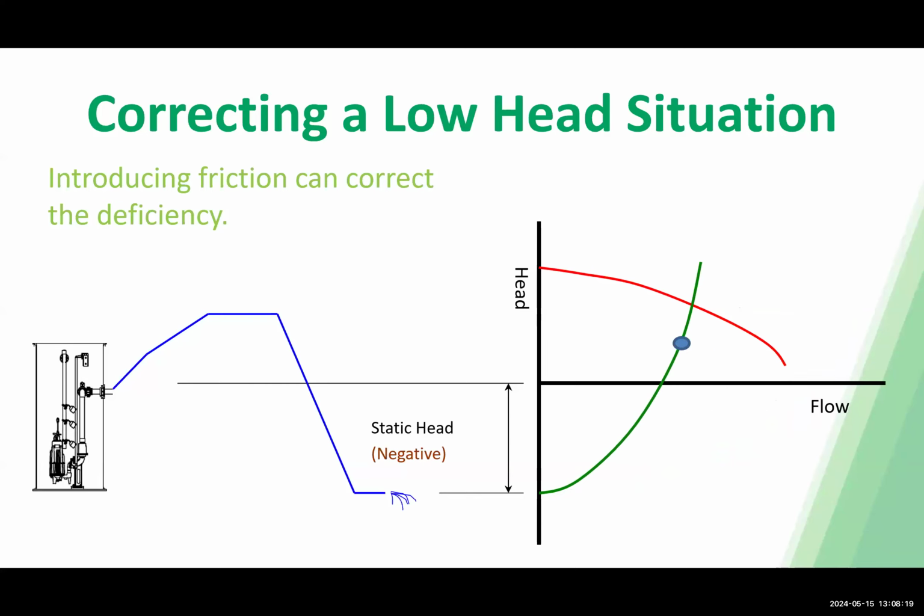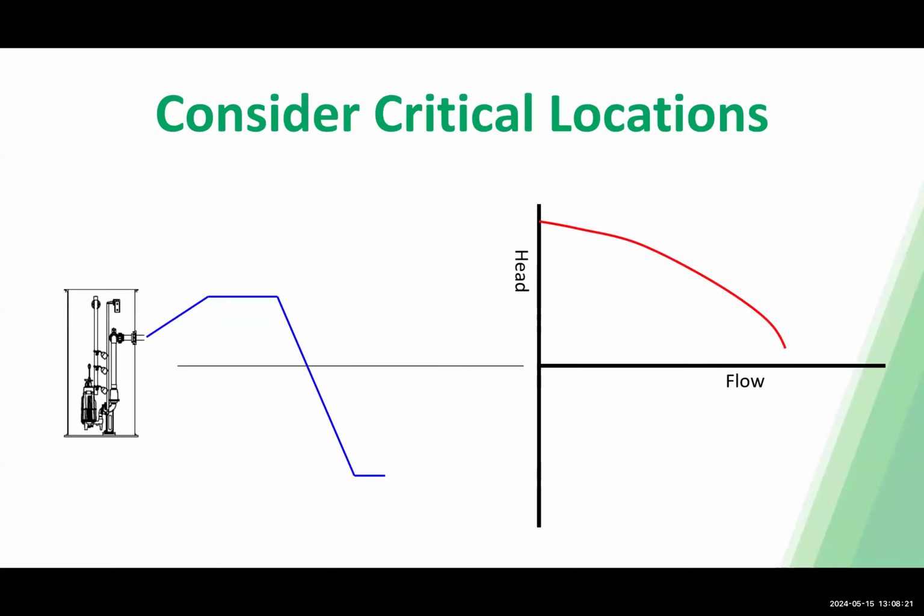Another thing to take into consideration for a system like this is all the critical locations. A critical location being the outfall and that system high point where that water is going to bleed off from. So for this specific system, we have point A and point B. What we're going to do is a system head curve for each location.